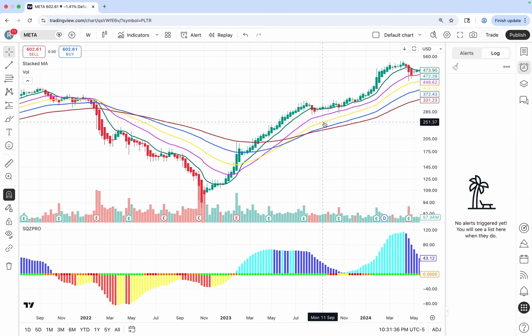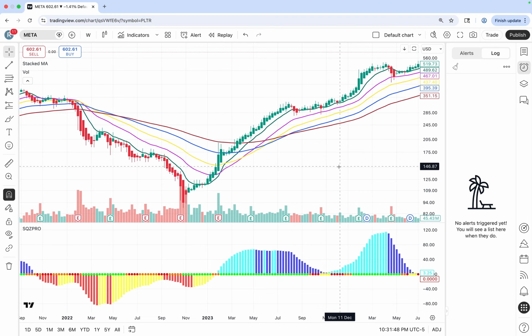And again, when you start to see the moving averages stacked in the correct order, either on the long or the short side, that's typically when your squeezes are going to work best. We see a squeeze here, we see really high compression, followed by normal compression, followed by light compression. It fires here, and then we just have a lot of green bars, meaning that the stock is headed higher.